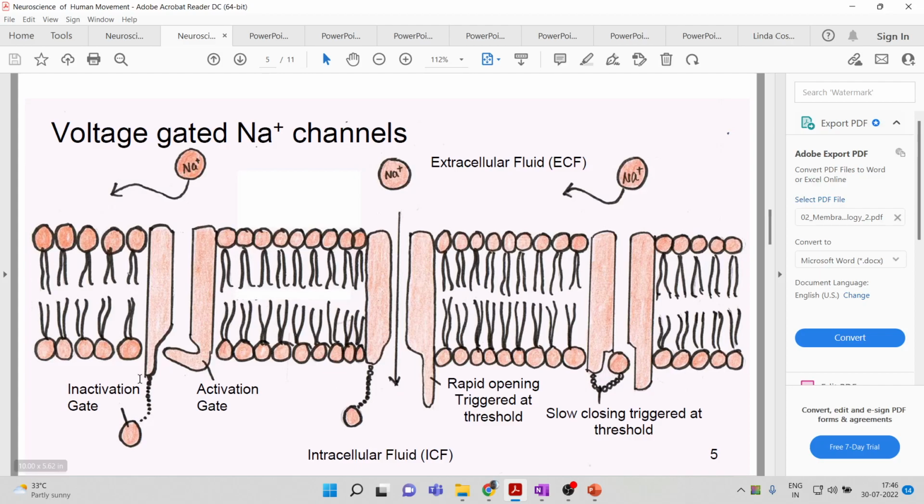This is what I just explained. There's an inactivation gate and an activation gate. The activation gate, when it is at resting membrane potential, is closed. When threshold is reached, the activation gate rapidly opens and the inactivation gate starts to close. But there's a brief window during which the sodium diffuses down its concentration gradient, and then this is the state. Only when it gets repolarized does it go back to this state.